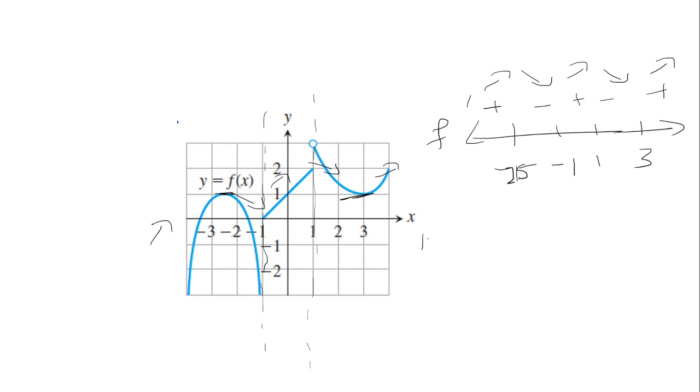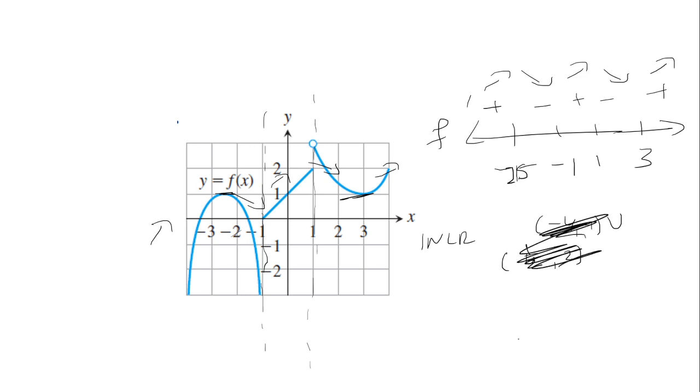Okay, so we'll say it's increasing from negative 4 to negative 1. Wait, actually, a mistake. Let's try this again.